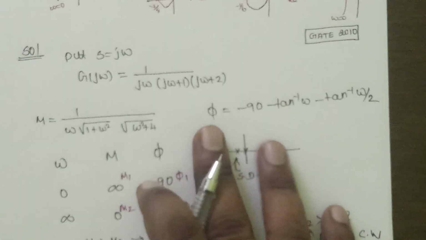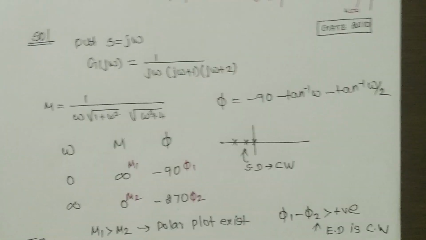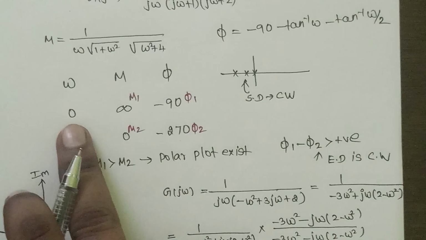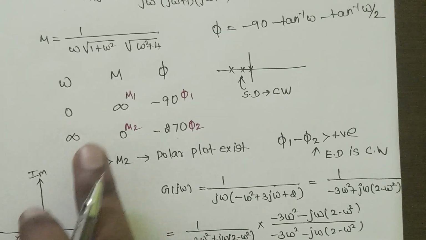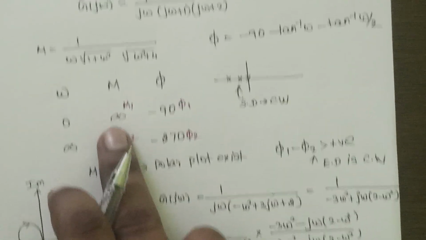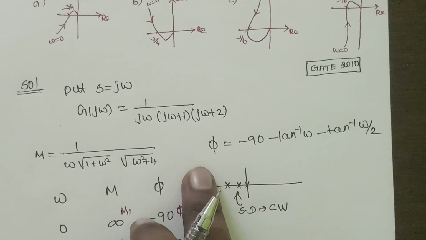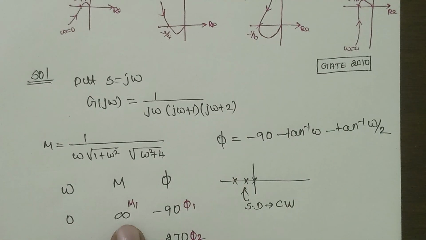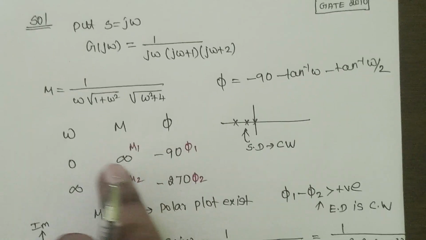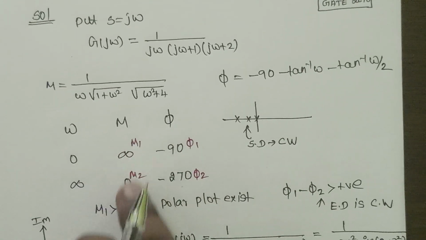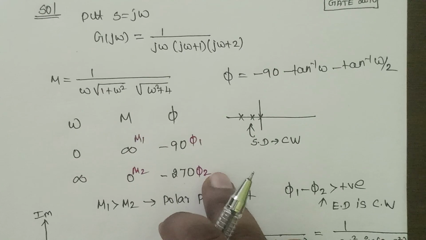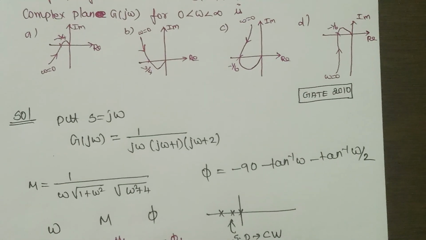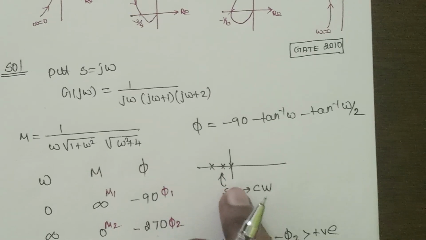We already know how to plot the transfer function. First find the magnitude and phase at omega equal to 0 and omega equal to infinity. Name the magnitudes m1 and m2 and the phase angles phi 1 and phi 2. From this given transfer function, the pole-zero diagram is like this.